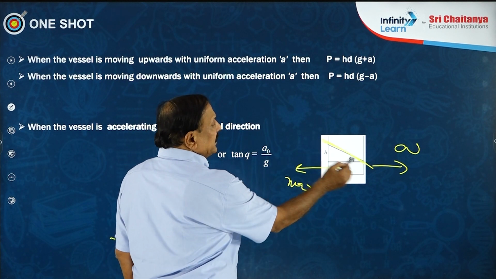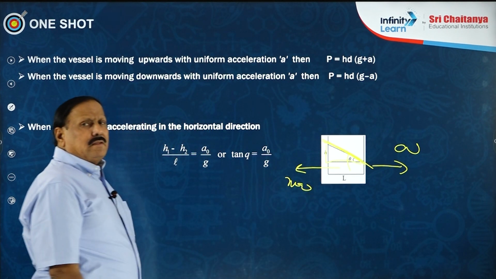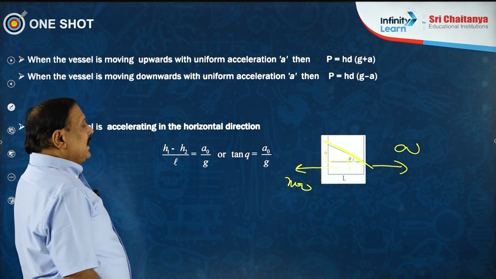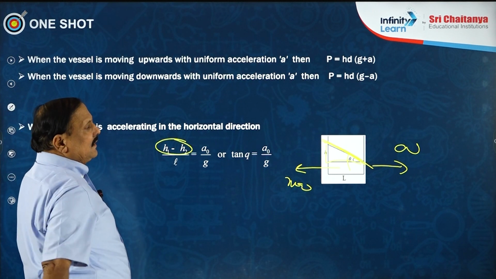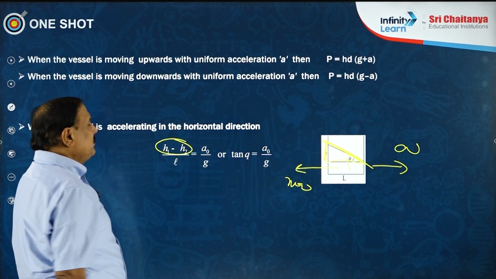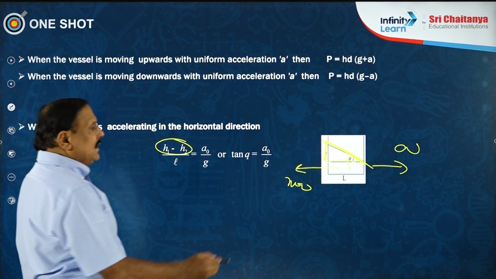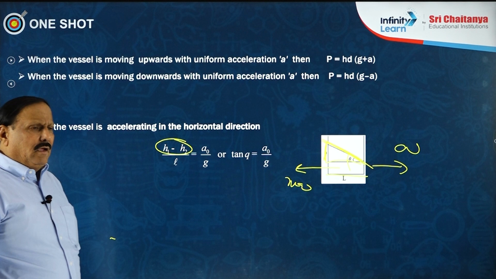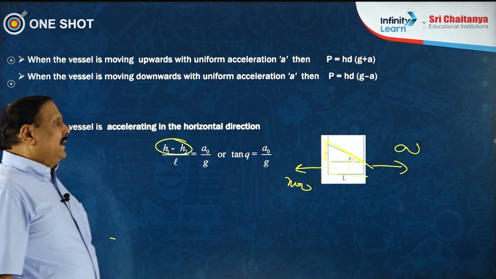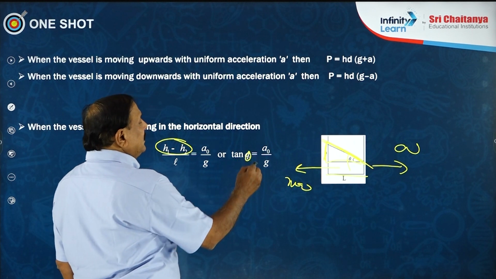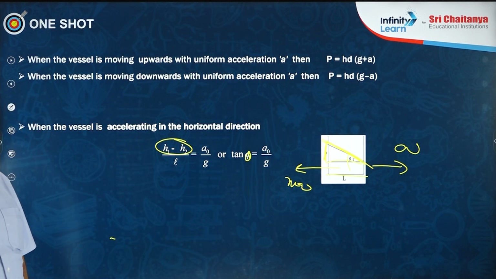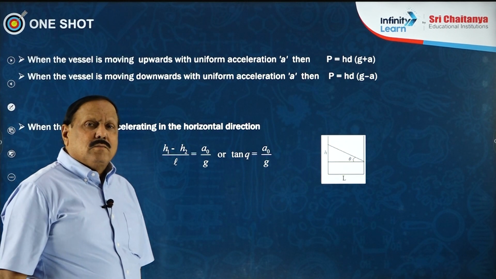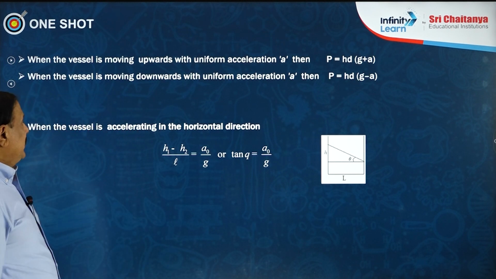If theta is the angle of inclination of the liquid surface with the horizontal, then the height difference (h1 minus h2) by L, the base length, is equal to a by g, or a naught by g, whatever the acceleration of the liquid is, and that can be written as tan theta. So tan theta is equal to a naught by g. This equation can be used when the beaker containing the liquid is moving in the horizontal direction with uniform acceleration.